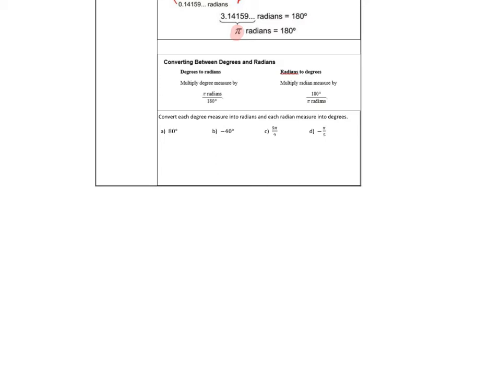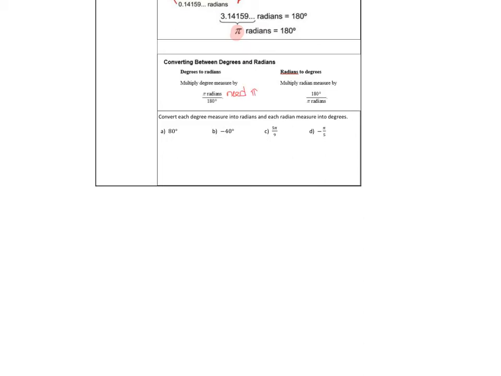To go from degrees to radians, the way I remember it is, if I need to change my degrees into radians, then I need pi. So I'm going to have to multiply by pi. If I'm going the other direction, I have radians, meaning I have pi, then I'm going to divide out the pi.